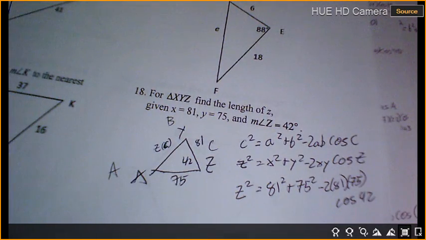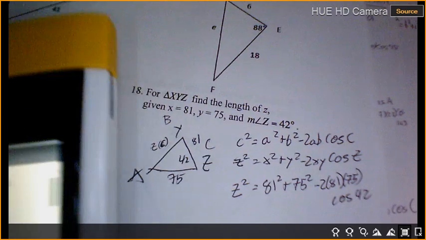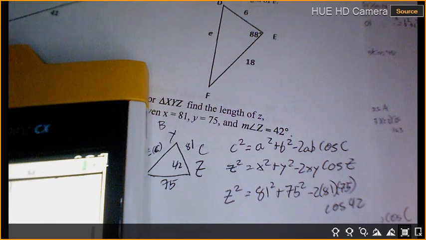So then I'm going to take my calculator. Again, if you want to practice using your home calculator at home, that's fine. Remember on the quiz, you're going to be using my calculators. So I might do mine at school. I just like to plug it all in at once. 81 squared plus 75 squared.